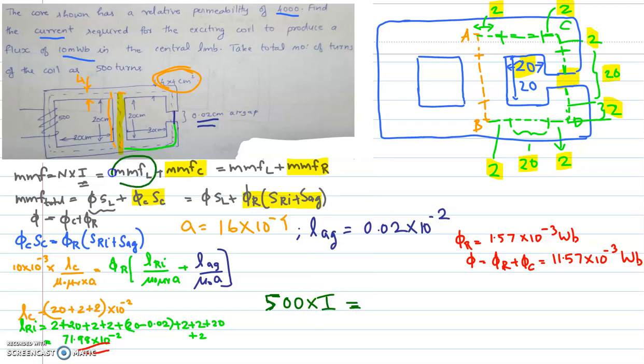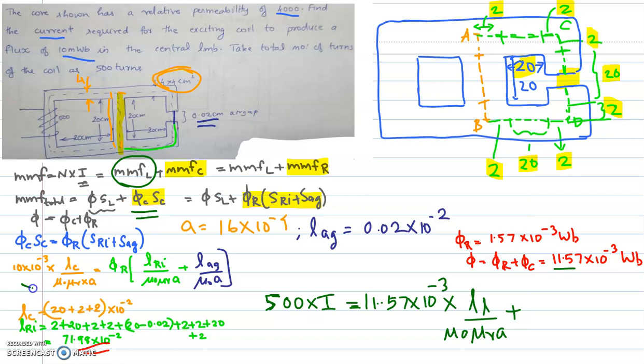That is nothing but phi, already calculated as 11.57 into 10 to the power of minus 3, into the reluctance, that is the length of the left limb divided by mu 0 mu r into A, plus phi c into Sc.